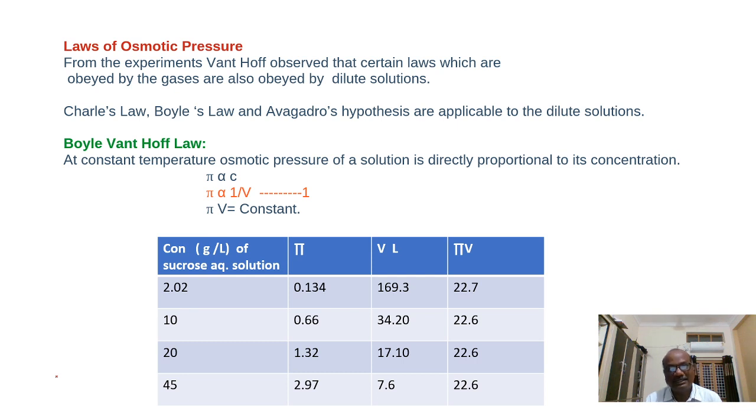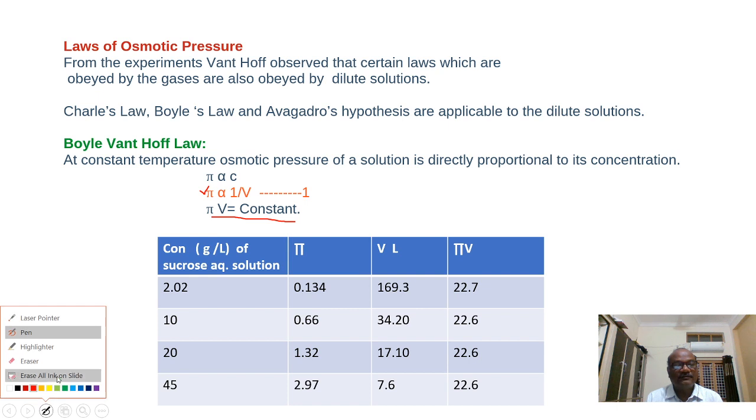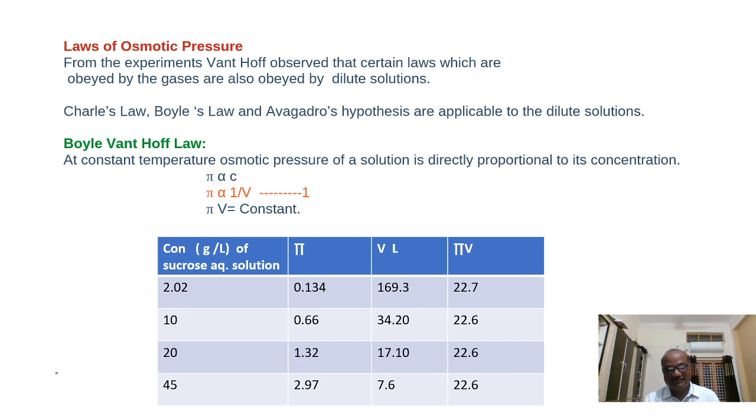So osmotic pressure and volume are inversely proportional. In equation 1, pi is directly proportional to 1 by V, because C is inversely proportional to V. Therefore pi V is equal to constant, similar to Boyle's law, where PV is equal to constant.